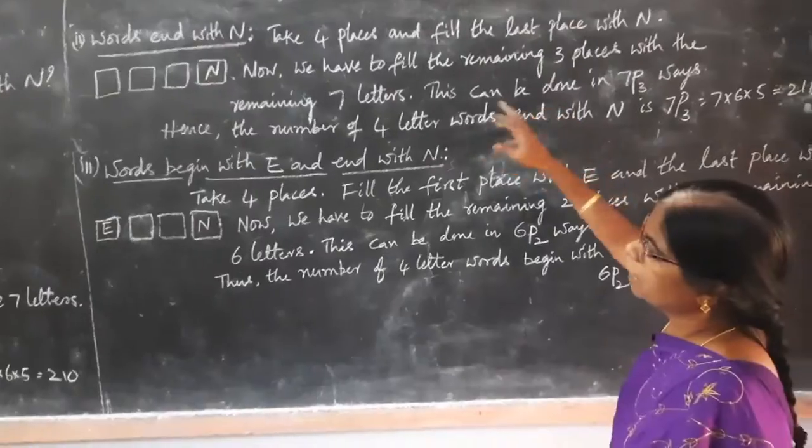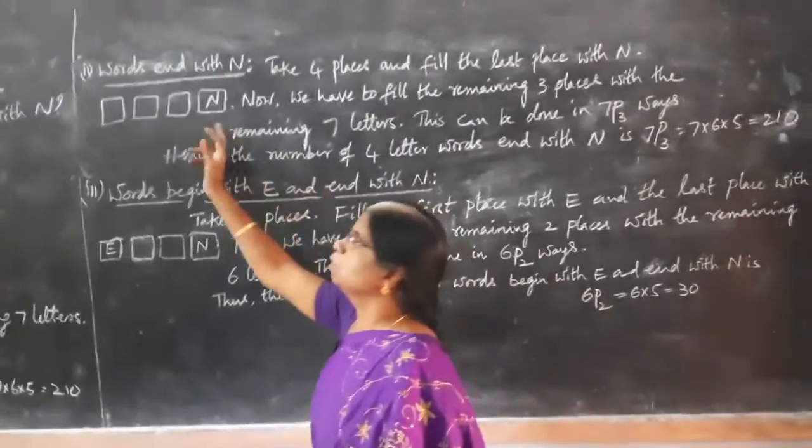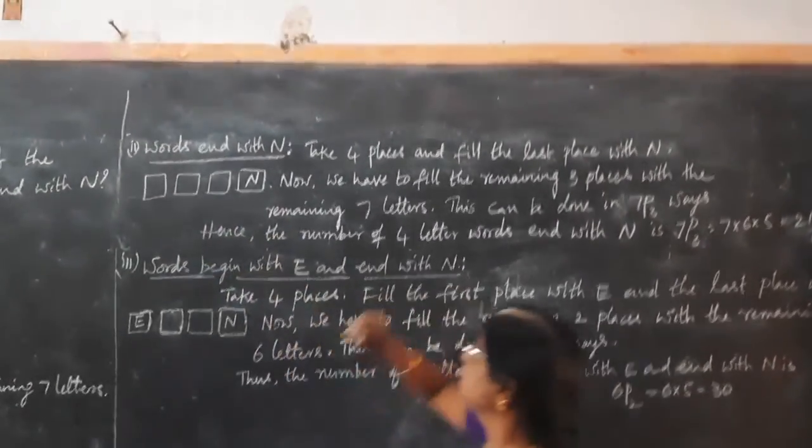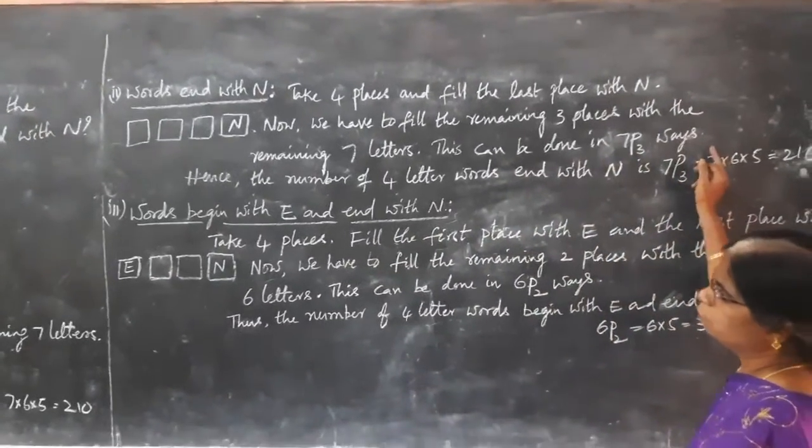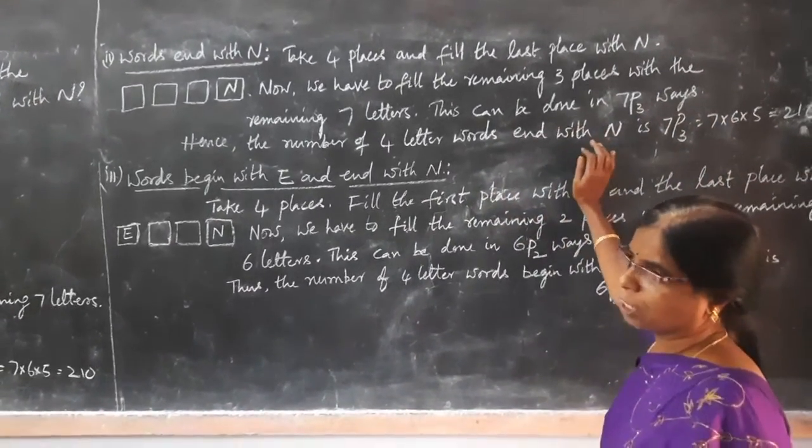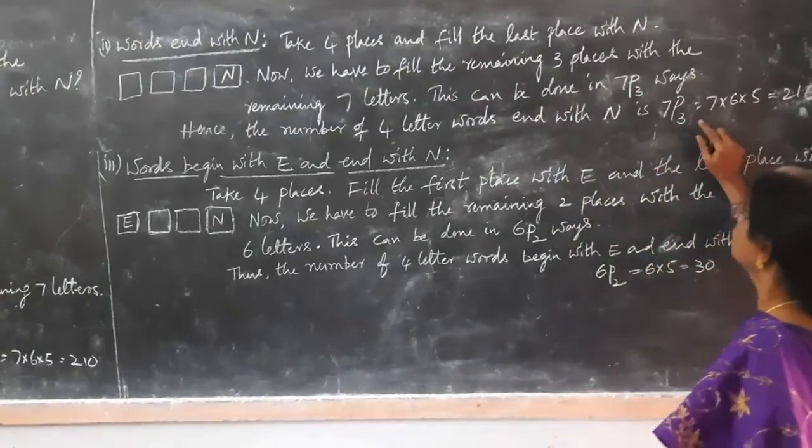So this can be done in 7p3 ways. So hence the number of 4-letter words that end with N is 7p3.